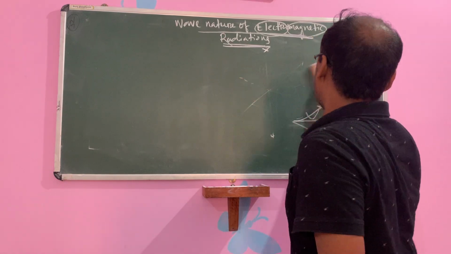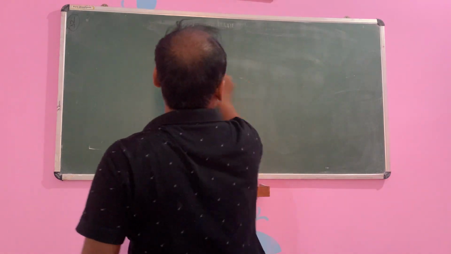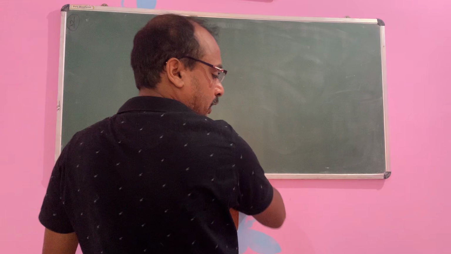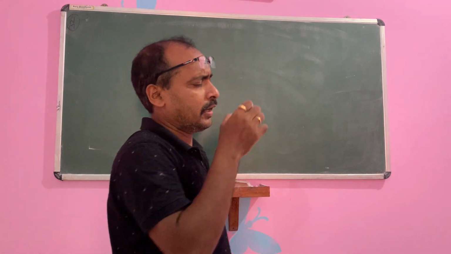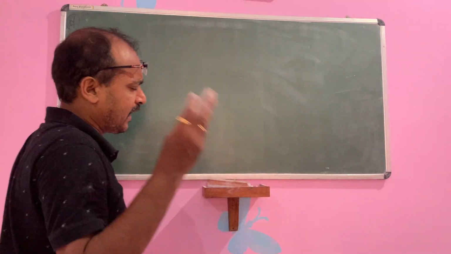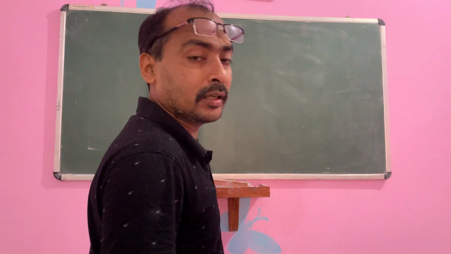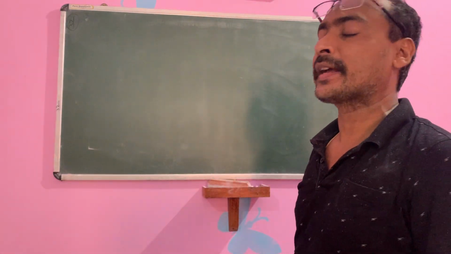So for electromagnetic radiation, the most important thing is its characteristics. What are the examples of electromagnetic radiation? These are white light, that is sunlight, visible, ultraviolet, infrared, radio wave, X-ray, gamma ray, all are electromagnetic radiation. So electromagnetic radiation has some characteristics.